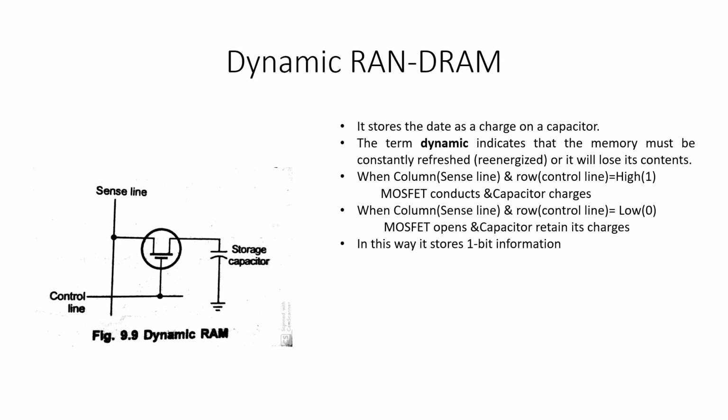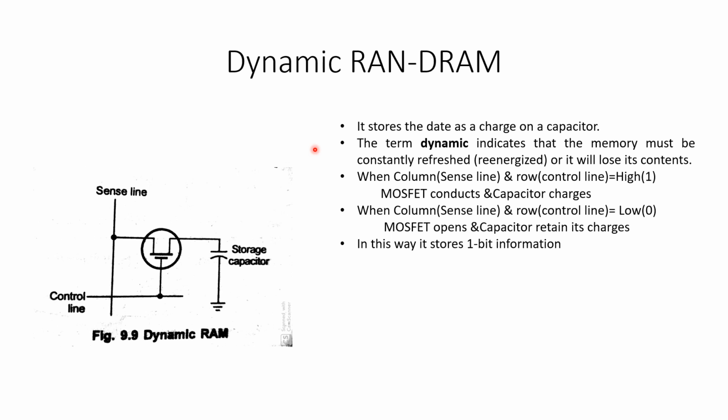Then dynamic RAM. Here the dynamic RAM consists of only one transistor and one capacitor. The vertical line is called the sense line and the horizontal line is called the row line or control line. It stores the data as the charge on a capacitor.